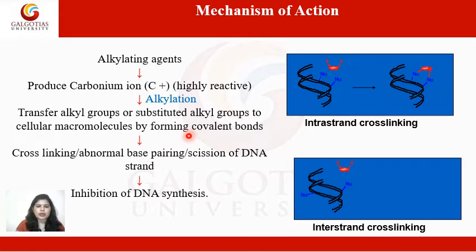These macromolecules are basically the nucleotide bases of DNA. They act on the 7th position of guanine. After the alkylation, they make cross-linking and abnormal base pairing or scission of the DNA strand. This leads to the inhibition of DNA synthesis.